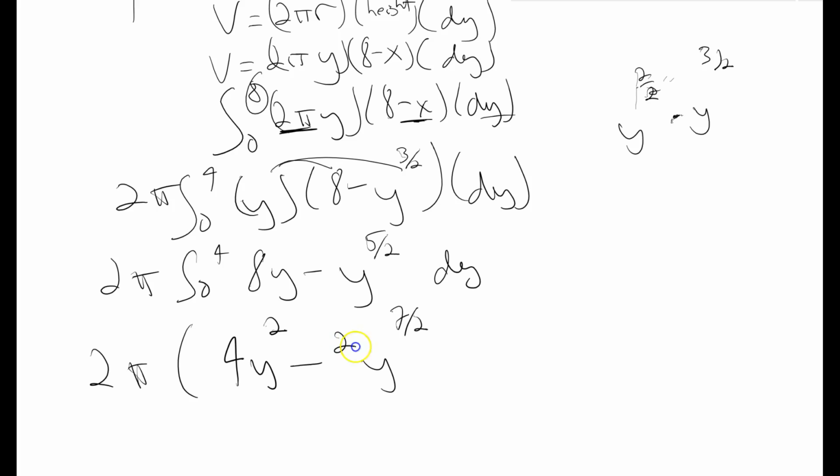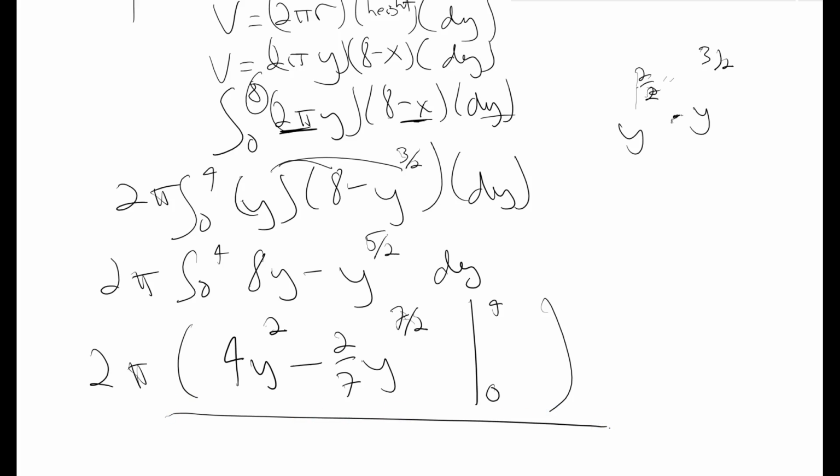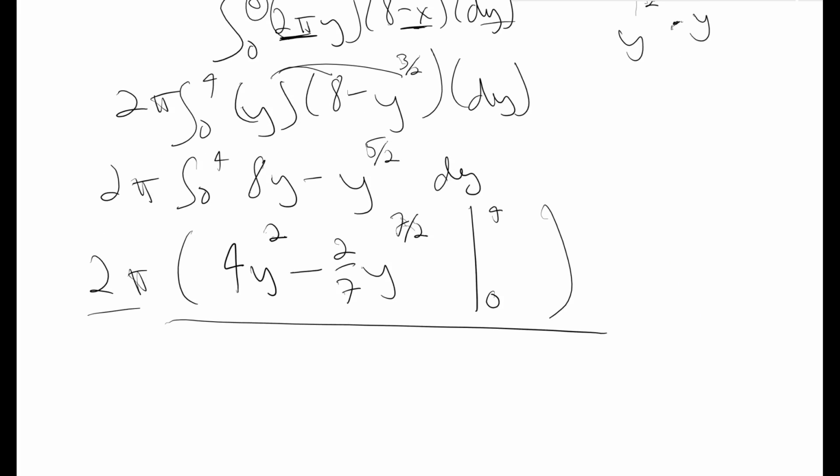And then this will be 2 sevenths. And check that real quick. 7 halves times 2 sevenths, that's 1. 7 halves minus 1 goes down to 5 halves. Cool. And then we're going to evaluate from 4 to 0. Now notice how I put these parentheses here, because all of that comes out of the fundamental theorem of calculus times 2 pi.